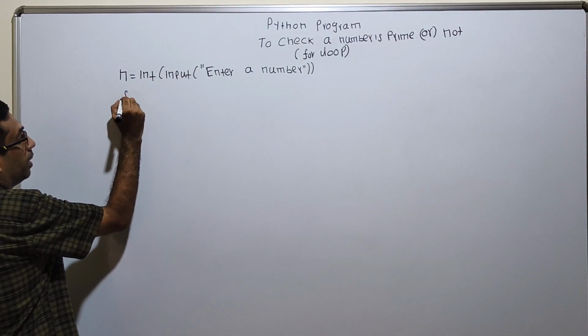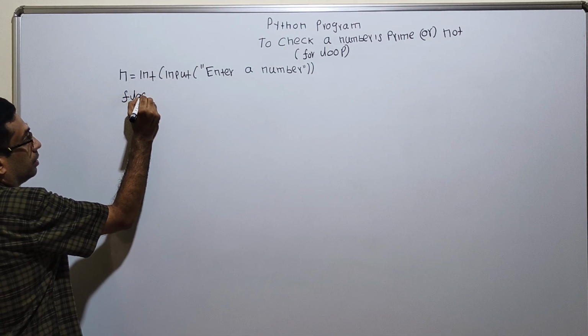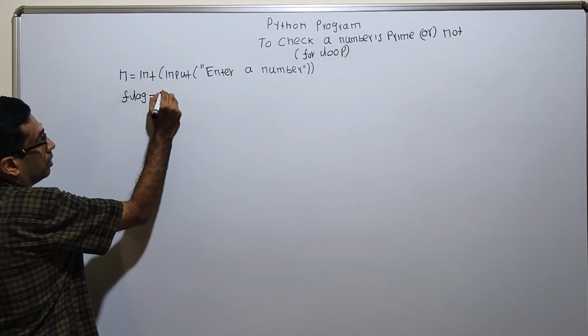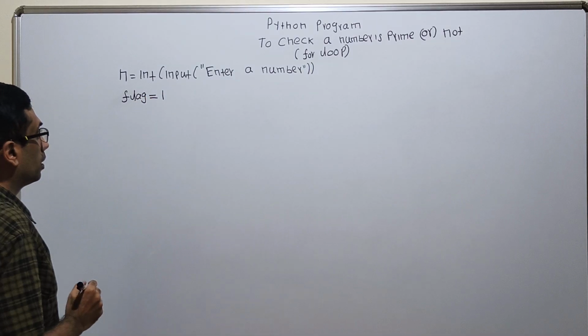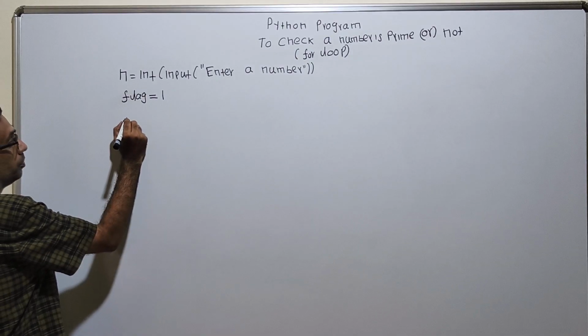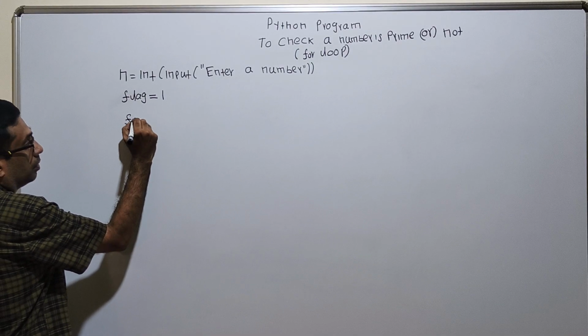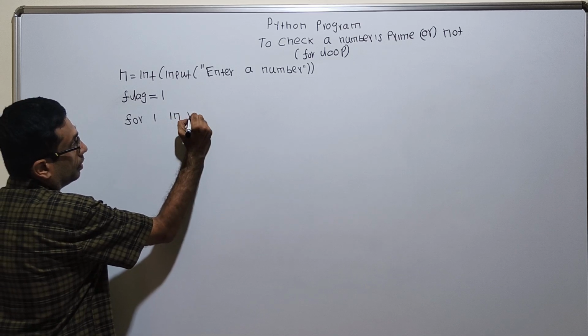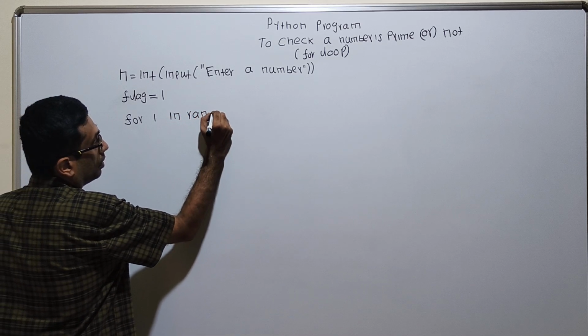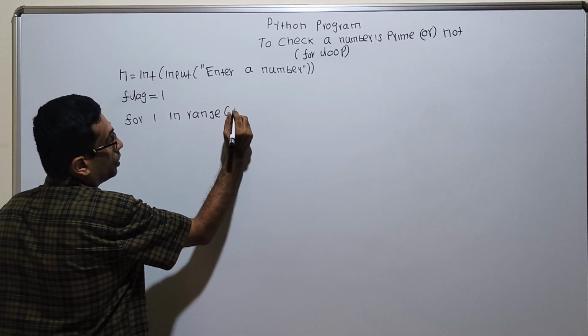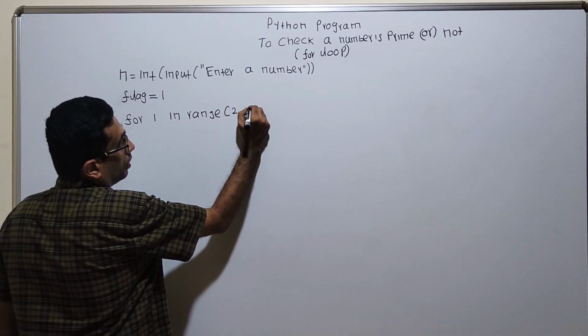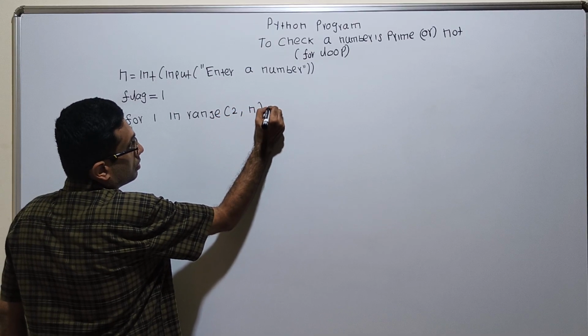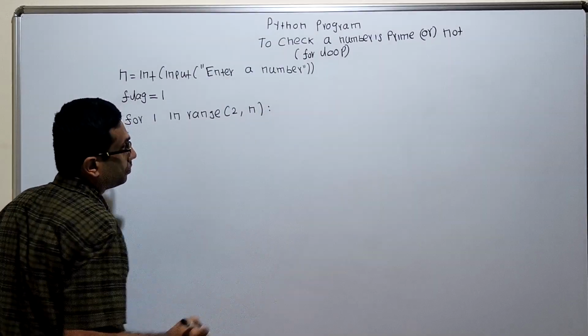Now I am having a variable flag equal to 1. I am writing a for loop: for i in range(2, n): colon.